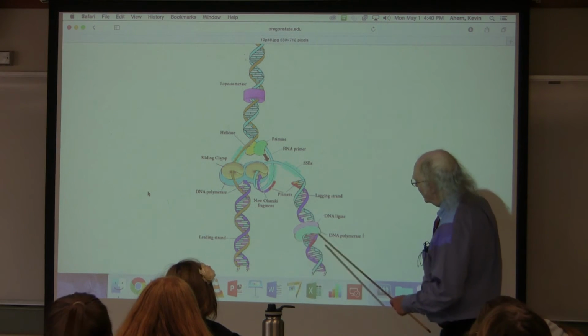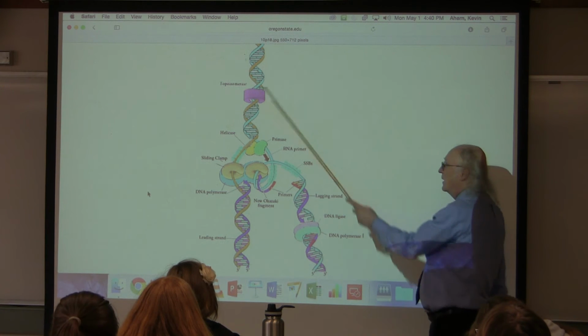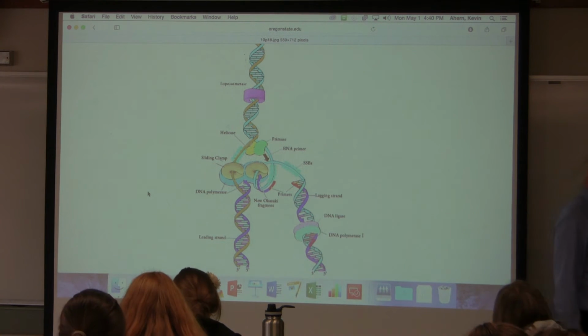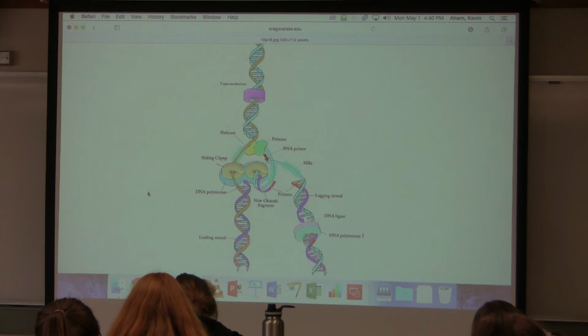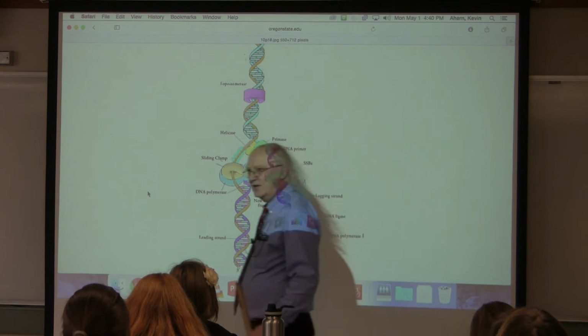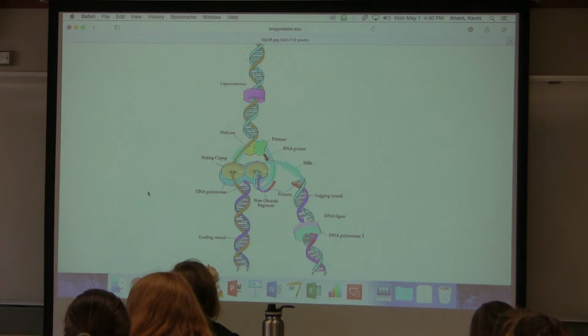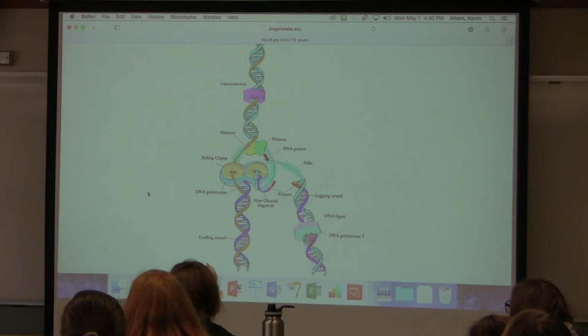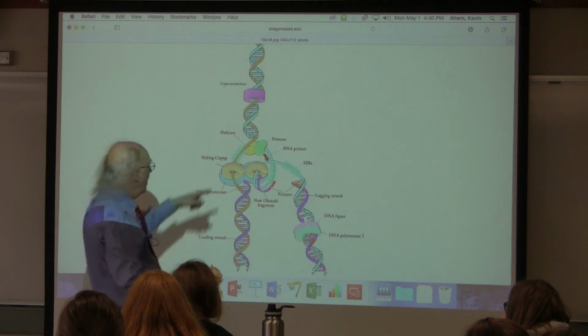Okay? What else do we have on here? We have something up here called a topoisomerase. At the very top, we've got topoisomerase. What is a topoisomerase? You remember the supercoiling thing I showed you the last time where we changed how many turns that we had? Right? And we saw that it all got all coiled up as a result of that.